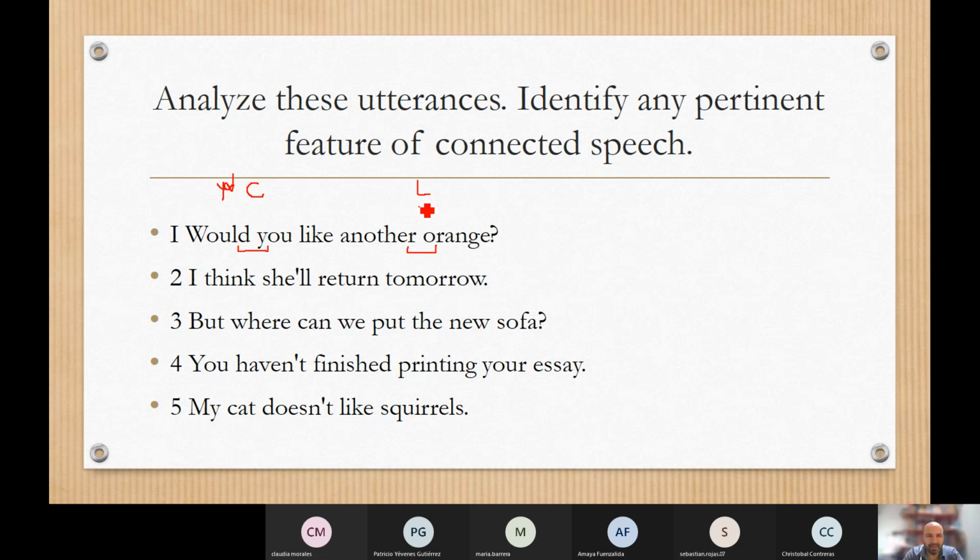We're talking about the linking R here. Even for speakers who speak a non-rhotic variety of English, in general they would use it to link the consonant to the next vowel sound. Great. So far, your coalescence or assimilation, or mutual coalescence as it is also called by some, and linking R. Any other?